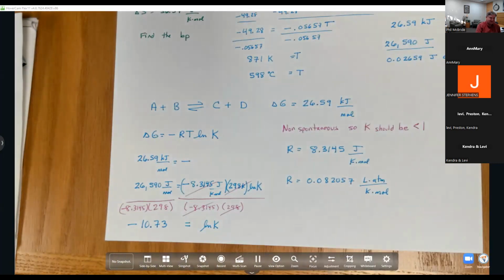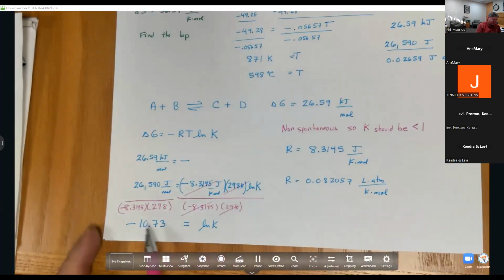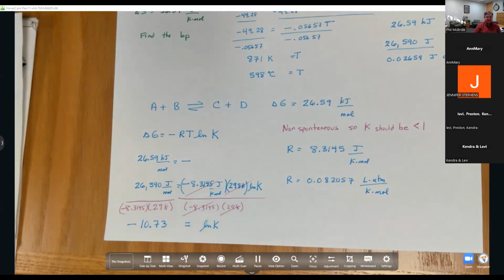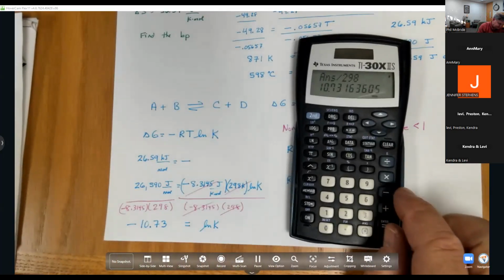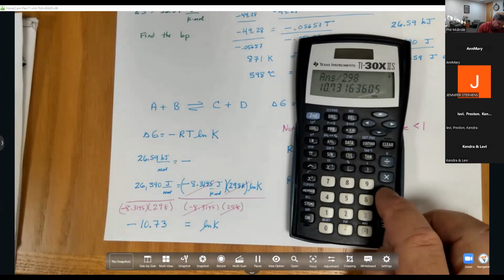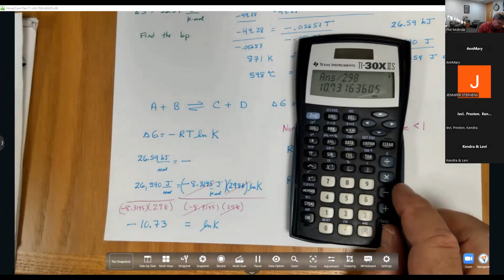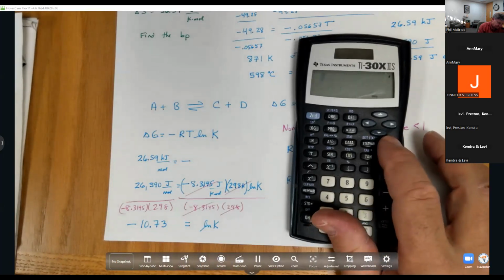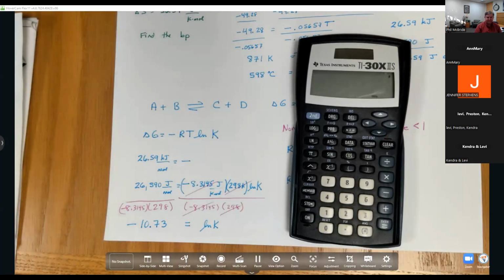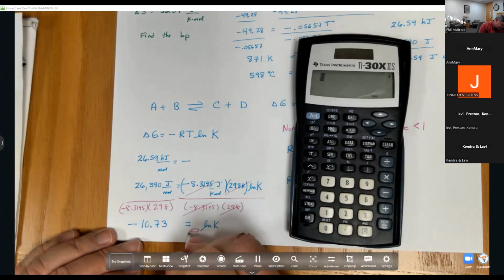Now, how do I get K? The natural log of K is negative 10.73. What is K? How do I find K? Don't you do the e thingy? Yes, do the e thingy.